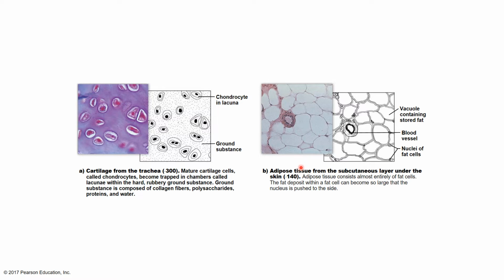Those are the nuclei that have been pushed toward the edge of the cell by the accumulation of fat within it. This is a blood vessel, because fat needs to be supplied with blood as well. But frequently when you see a lot of fat in a sample, and the cell membranes aren't really obvious, it'll almost look like there's nothing there.